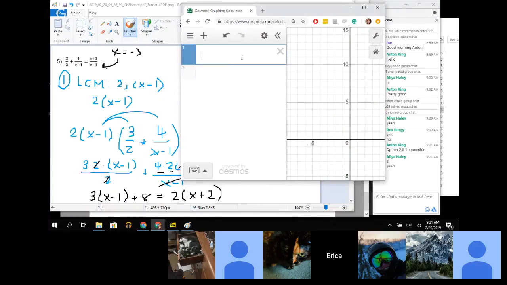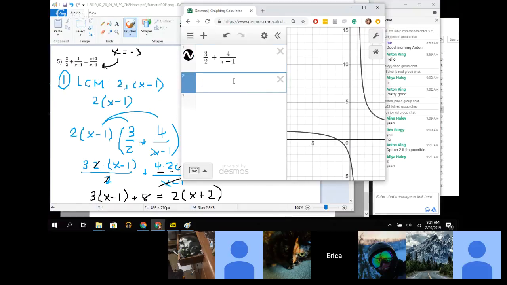All right, I need to know when 3 divided by 2 plus 4 divided by x minus 1 equals, and this is where you're going to have to be careful if you have your TI, make sure you get parentheses in there, x plus 1 divided by x minus 1.